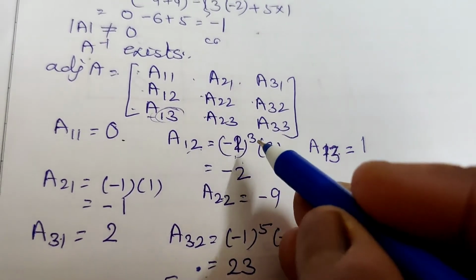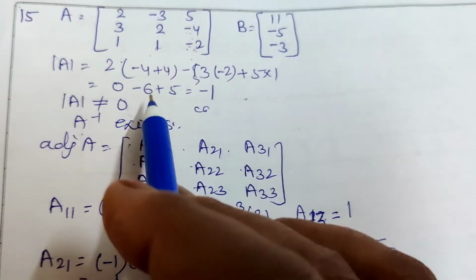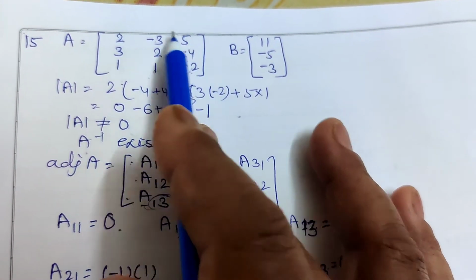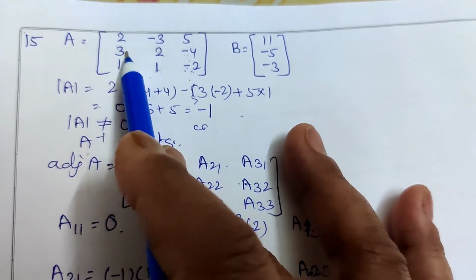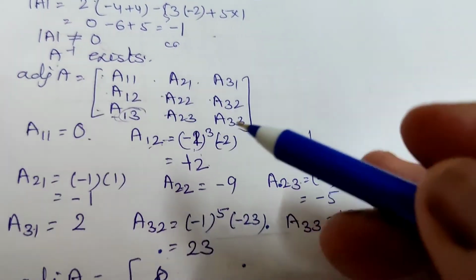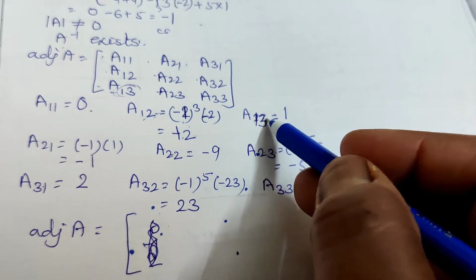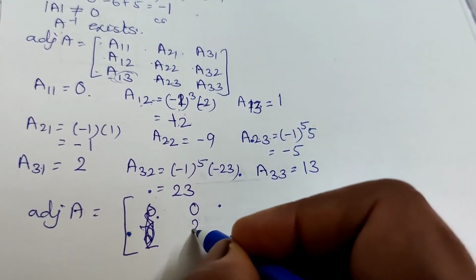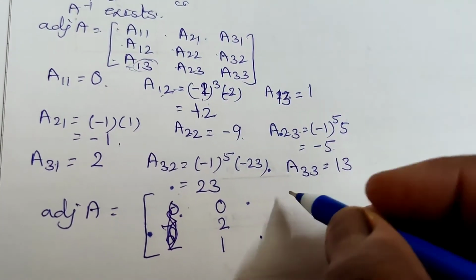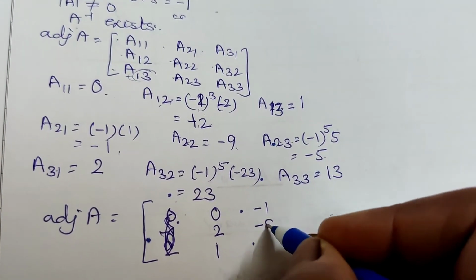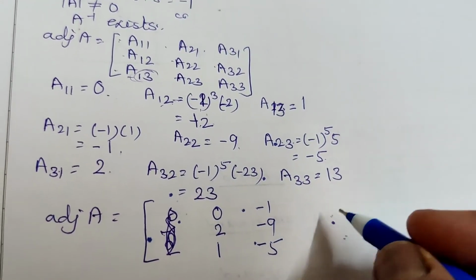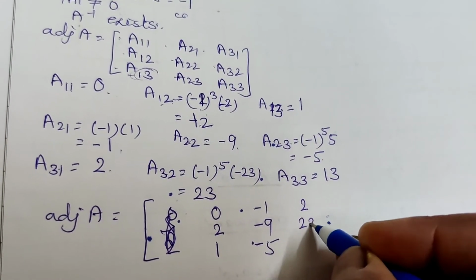Sorry, here it is minus 2, because first row, second column, I counted wrong. First row, second column: minus 6 plus 4, it is minus 2, and minus 1 multiplied by 2. Now we can write the adjoint like this: 0, 2, 1. Next, minus 1, minus 9, minus 5. And 2, 23, 13.